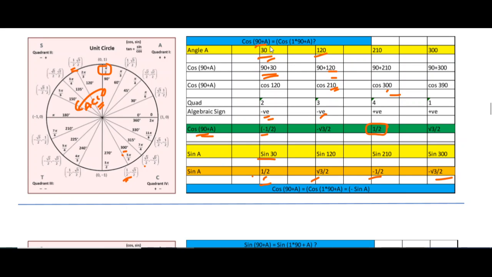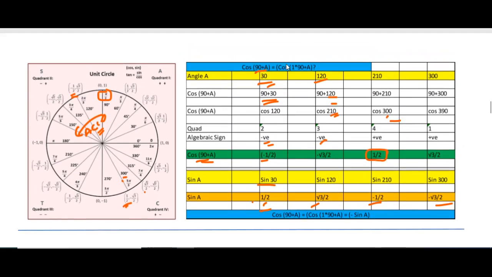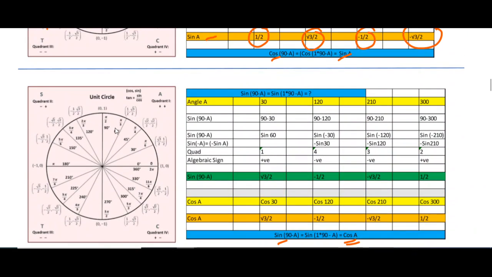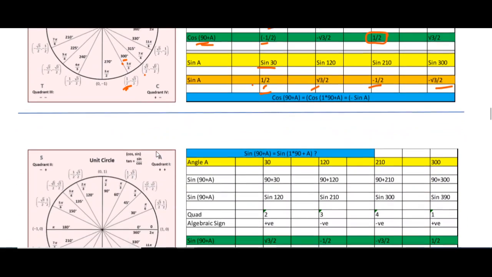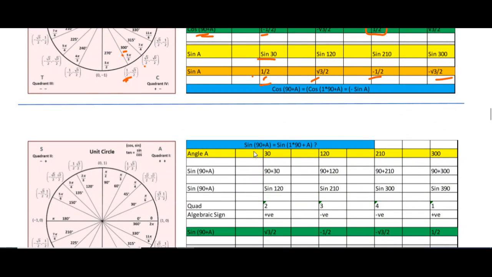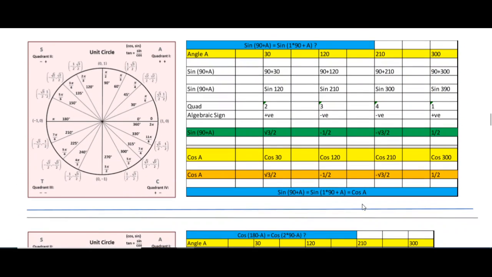And again, 90 plus a is nothing but an odd multiple of 90, and whenever I say 90, it's around the y-axis, right? So just remember that you have clockwise movement if you do plus, which is plus a. In the previous example it was minus a, and you had the anti-clockwise movement, right? Simple. So moving on, we have derived sine of 90 plus a also, and we have proved that sine of 90 plus a also has a relationship with this cofunction, and in this case not only the numerical value matches, even the algebraic sign matches.